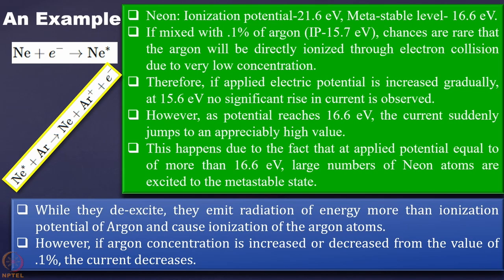And we note that neon has a metastable state at 16.6 electron volt. Therefore, if the applied electric potential is increased gradually to 15.6 electron volt, no significant rise in current will be observed. Okay. So 15.6 electron volt, what is that?